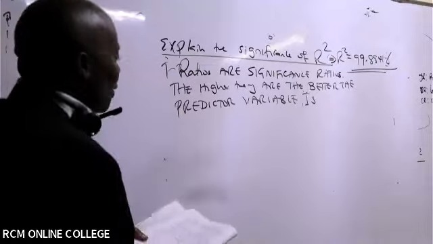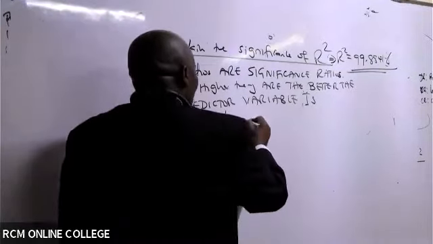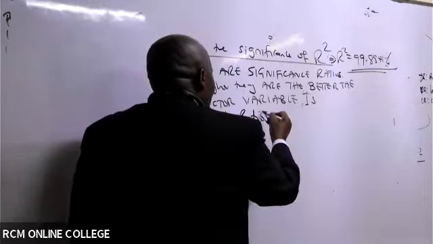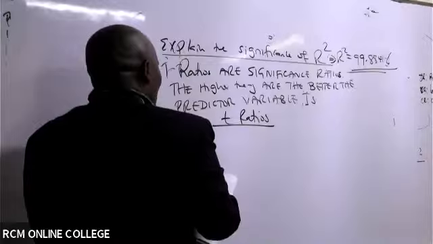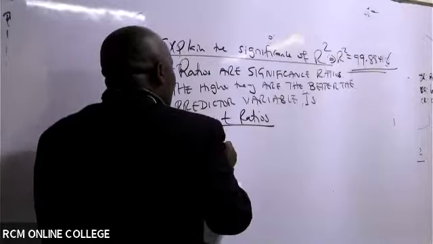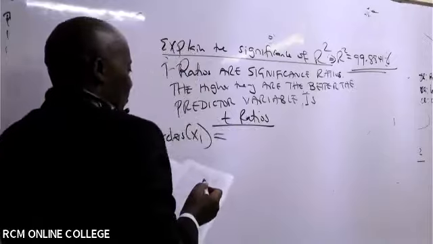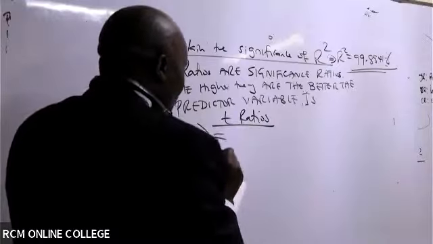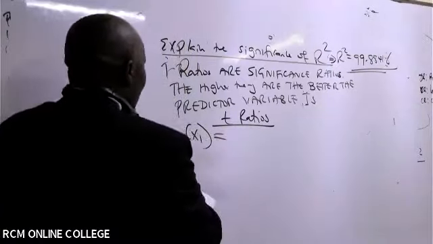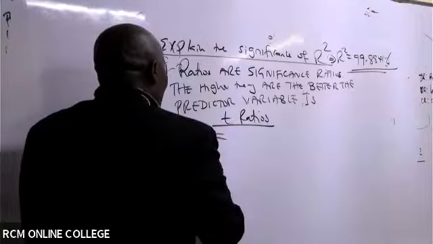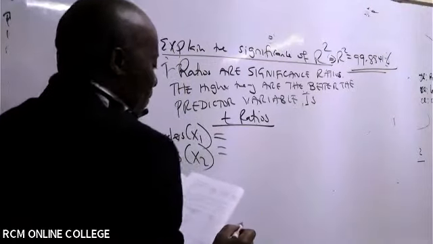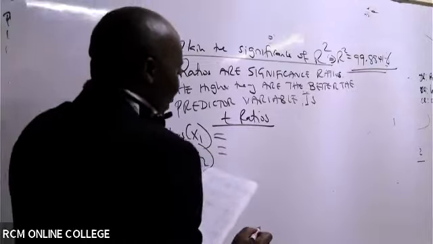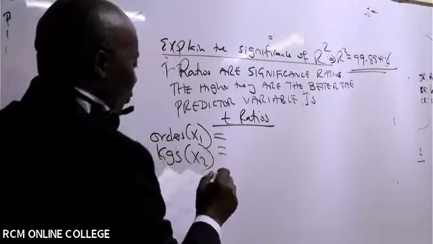So they have asked us for 2 T ratios, not 3, but 2. They want us to give them T ratios for orders. Remember, orders were our X1, and T ratios for kgs. If you remember, kgs were our X2. So ladies and gentlemen, is there somebody who can see the T ratio for X1?